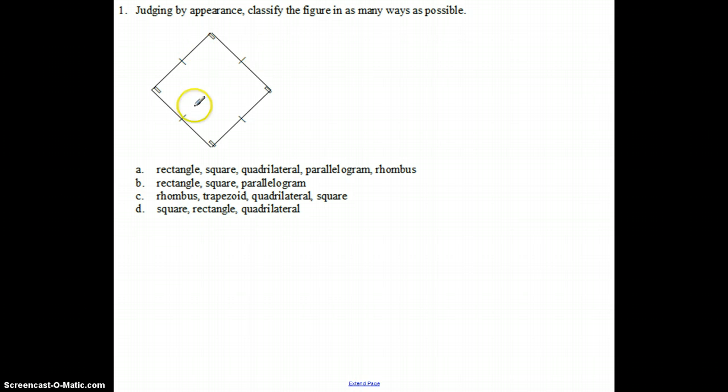So first of all, if I clearly look at this, there are four sides. So you can clearly see that I know it is a quadrilateral. That being said, that means that I have to check down here. If it doesn't say quadrilateral, it can't even be an answer. So B would clearly not be an answer, it doesn't include that.